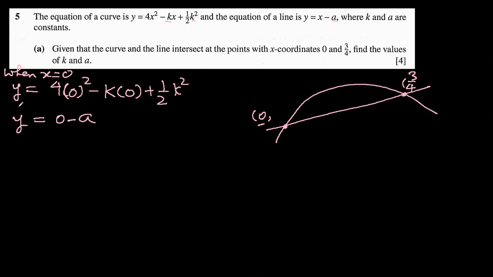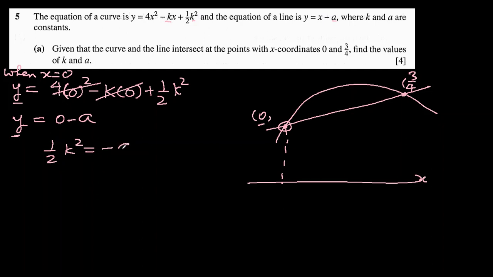So since both of them have same y, because this is the common point, whatever is y, it is same for both line and the curve, we'll equate them. So 4 times 0 square is 0, k times 0 is 0, so half k square equal to minus a from the second side. Yeah, so let's write that a is equal to minus half k square.